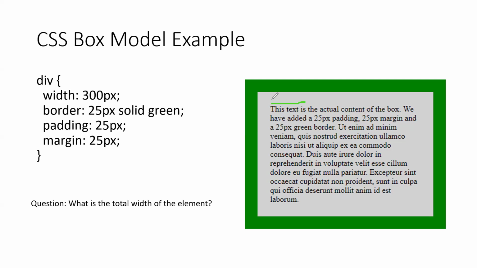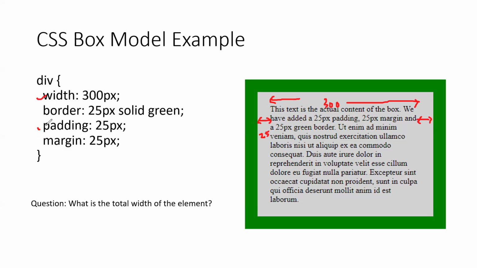This part will be 300, the content. Then after this, you have something called padding. So we have padding, 25. But padding will be on both sides, so here also we have padding.